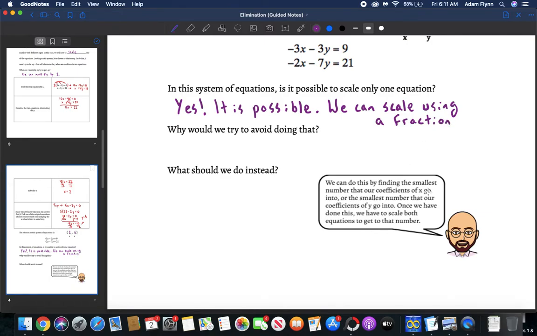Why would we try to avoid doing that? Why would we try to avoid scaling by a fraction?